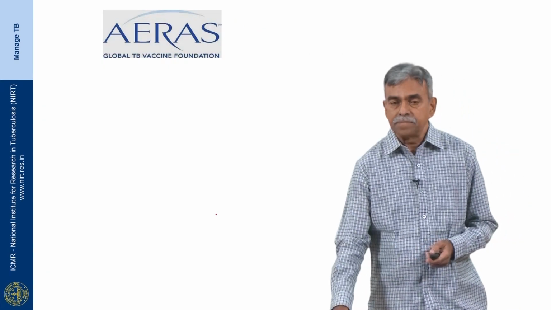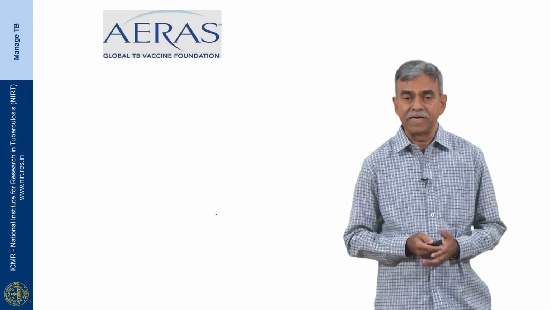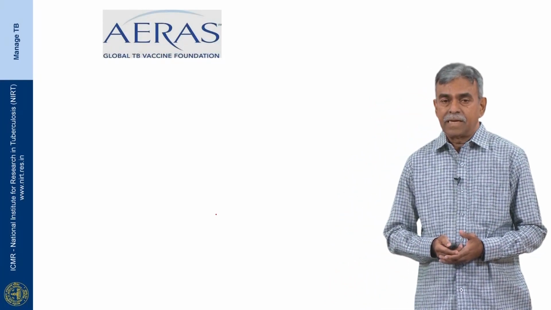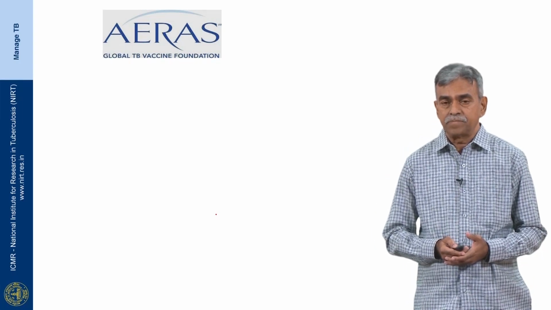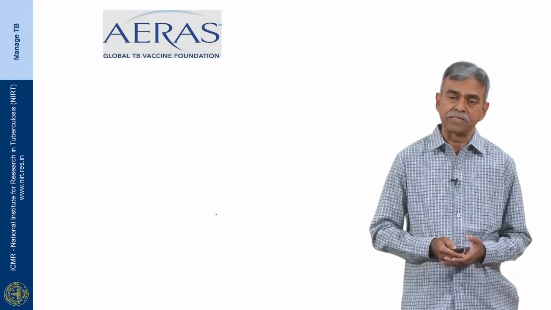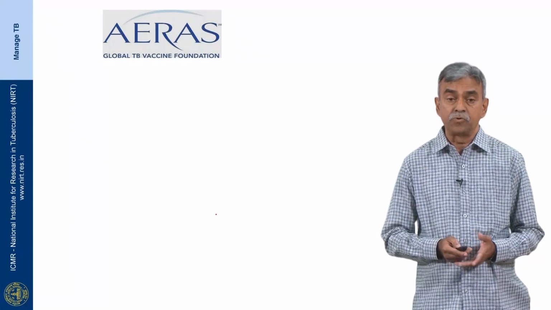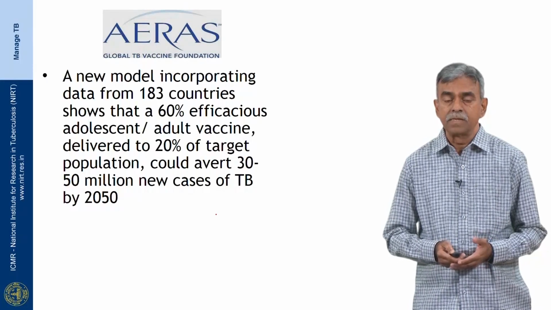Aeras is a non-profit organization, the Global TB Vaccine Foundation, and this organization is helping to facilitate the development of new TB vaccines that are affordable and available to the poorest sections of society.